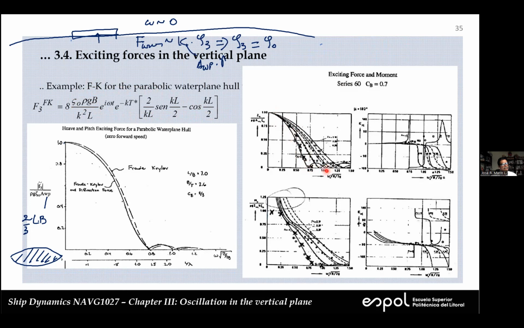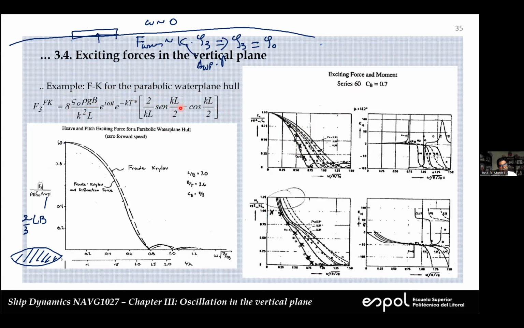I was trying to find these results to give you as an exercise, but I couldn't find them because I cannot read these values. I'll keep trying. Hopefully by Thursday, I will be able to show it to you. Remember, this is for the parabolic water plane hull, and this is for the Series 60.